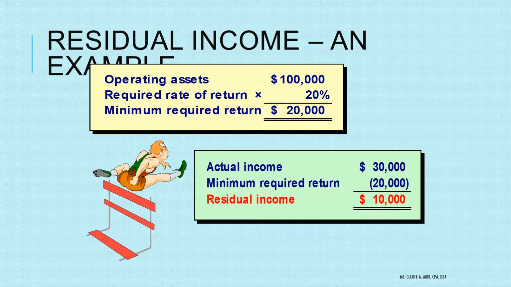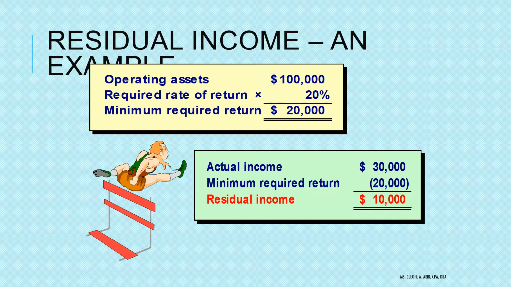So ibig sabihin, happy na yung business if this particular segment can give a return of 20,000. Kasi nga 100,000 yung binigay niya as operating assets to this particular segment. So in exchange, the business would like those assets to earn and give the business how much return at the end of the day? 20,000, equivalent to 20%.